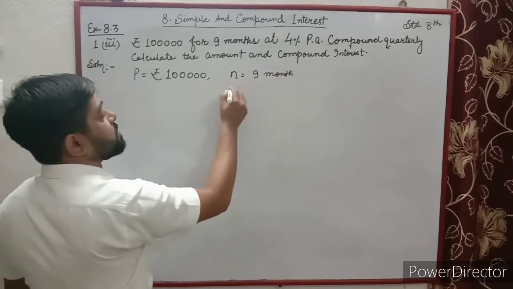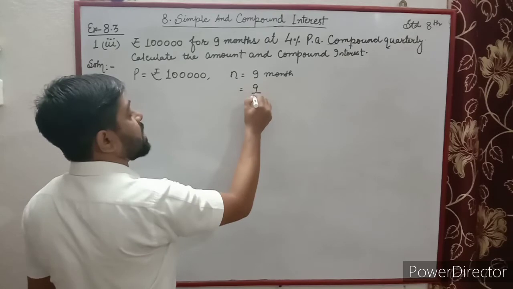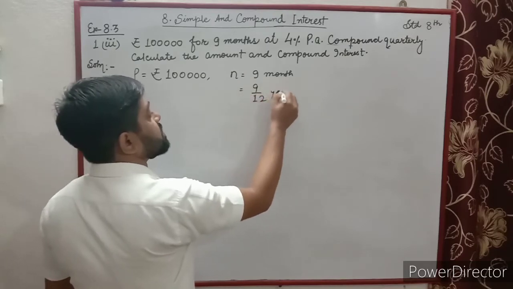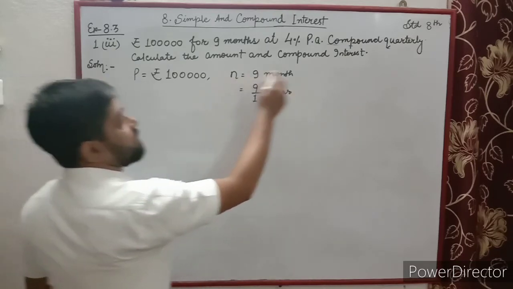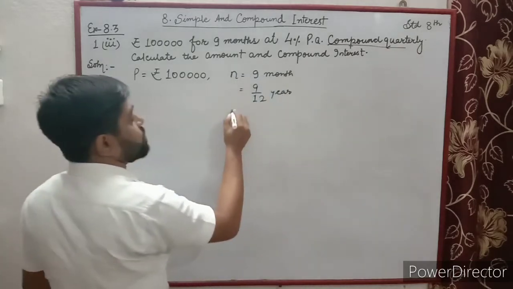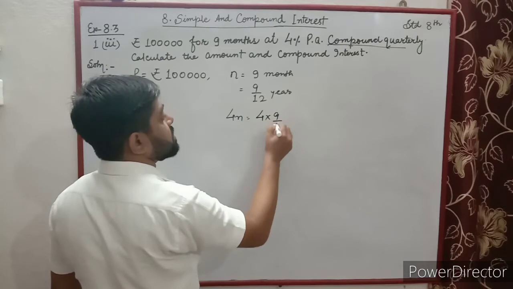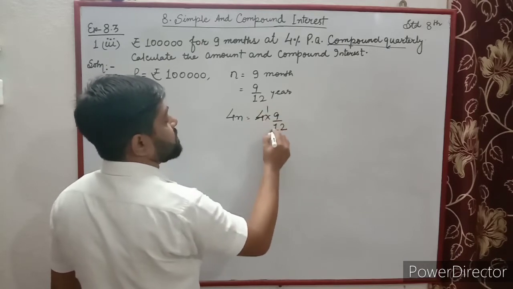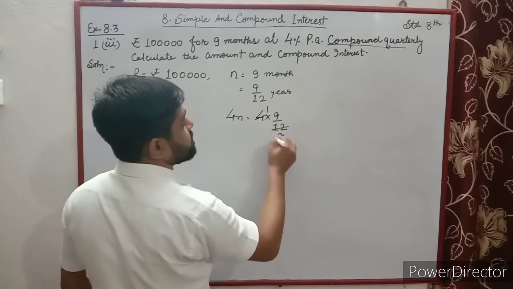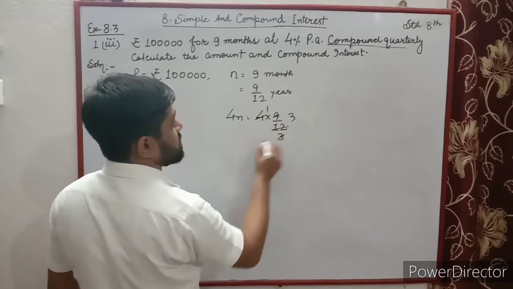So 9 months first of all convert into year, so 9 by 12. Now this is compounded quarterly, so n becomes 4n. So 4 into 9 by 12, after cancellation we have 3 times.